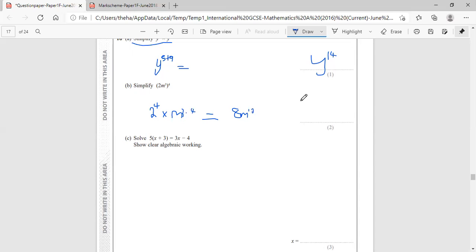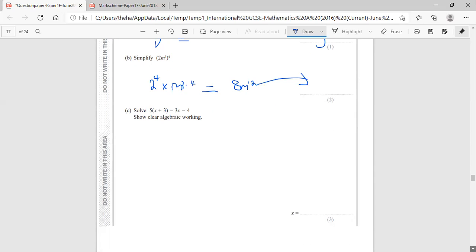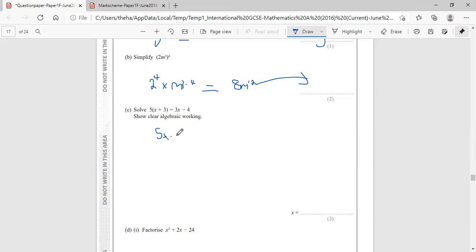Okay. So part C, solve 5 bracket x plus 3 bracket equals 3x minus 4. So clear algebraic working. First step is to expand the bracket on the left. So we're going to have 5x plus 15, equals 3x minus 4. Then we're going to have to put the same terms on each side.